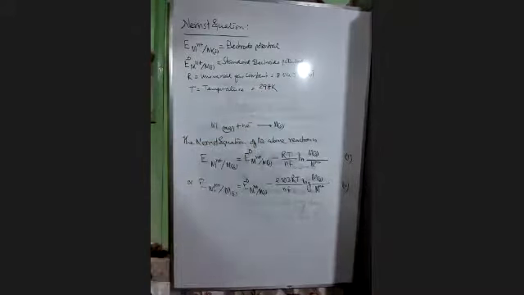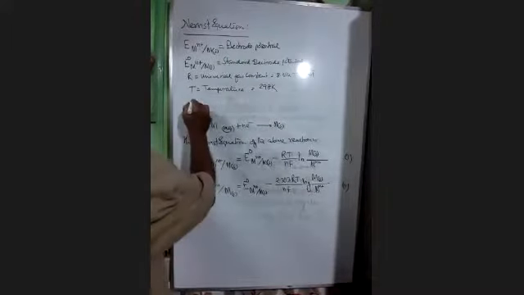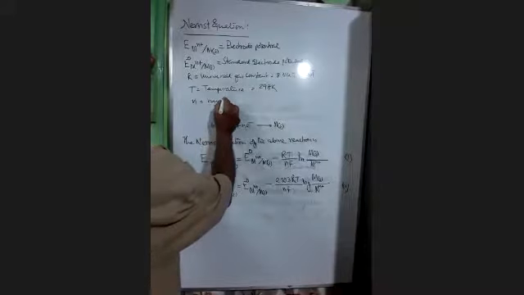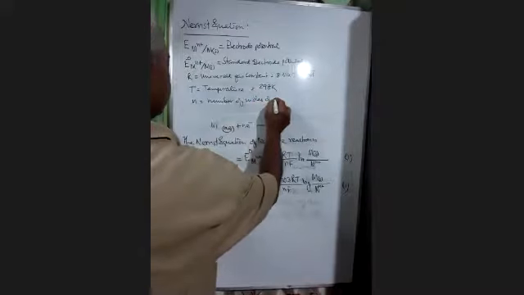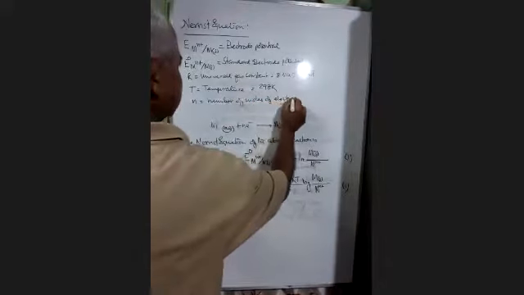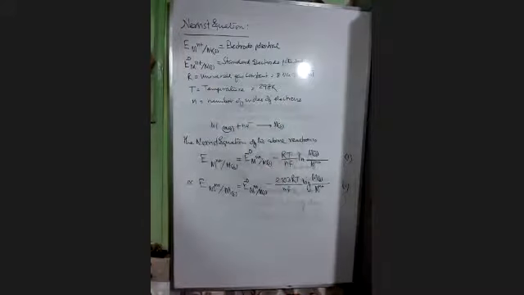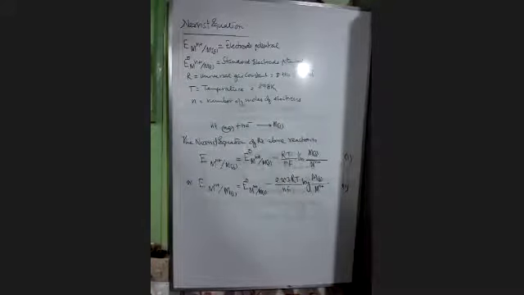That is, we know the universally accepted room temperature is 25 degrees Celsius or 298 Kelvin. Now, what is n? Number of moles of electrons. So, in this process, how many moles of electrons are lost? If the metal ion has taken 1 electron, n is equal to 1. If it is 2, as in the case of zinc and copper, the n value will be equal to 2.